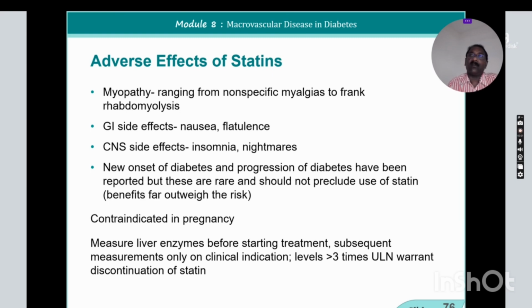If the normal SGPT is up to 40, and suppose the SGPT is 120, then it is better to reduce the dose of the statins or stop them. Suppose the SGPT is 60 or 70, do you discontinue the statin? No, you have to continue the statin, because 60 to 70 may be because of fatty liver. Even in fatty liver the SGPT and SGOT will rise. So in such situations you have to use the statins.